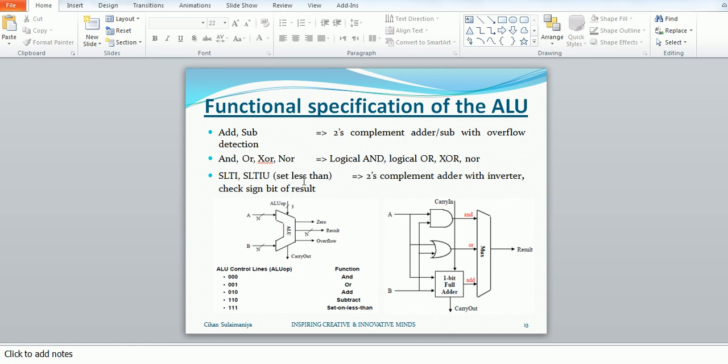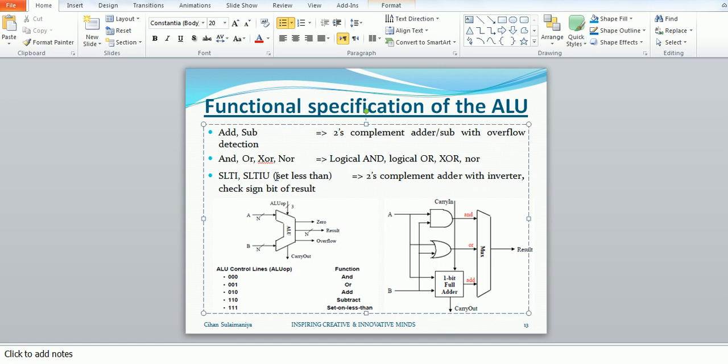All these logic gates it's possible to do in arithmetic logic unit. Also, it's possible to have, for example, set for less than or more than. It uses the 2's complement and compares between two numbers.